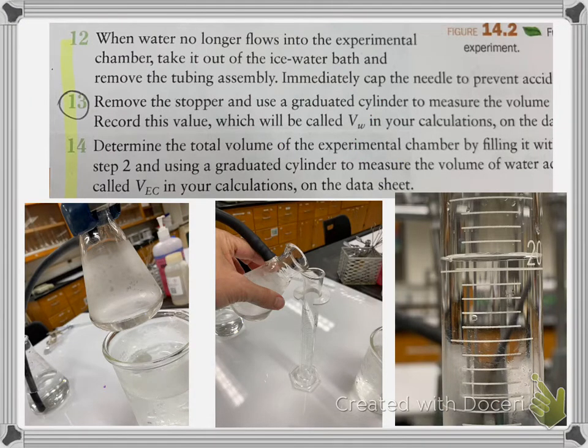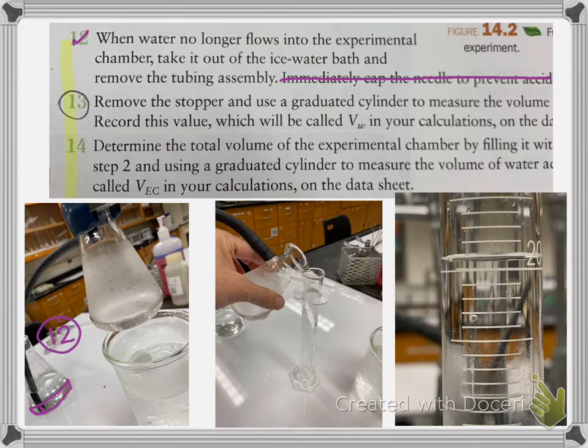All right, so then it says step 12, when the water no longer flows into the experimental chamber, take it out of the ice water bath and remove it and immediately cap the needle. Okay, I didn't have to do that. So here is step 12. You see that the tubing is still, this is my reservoir.